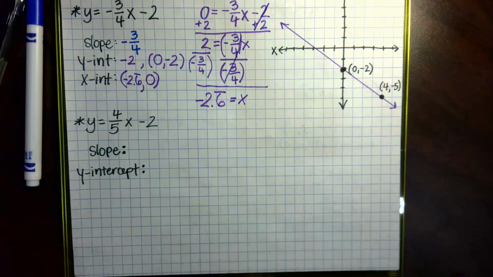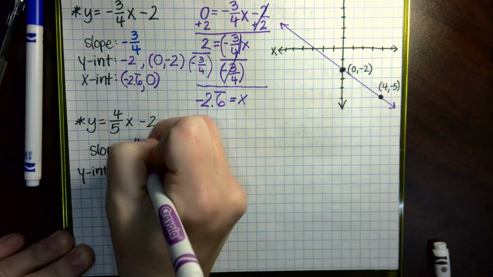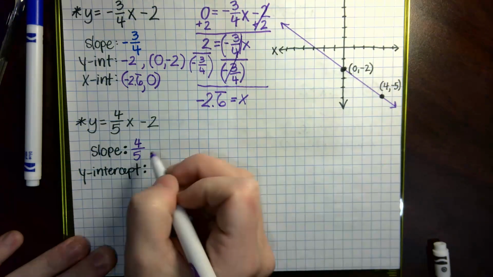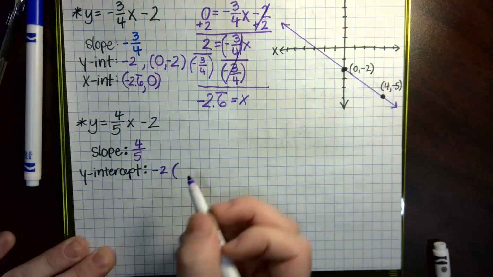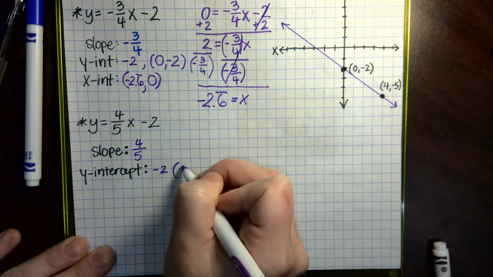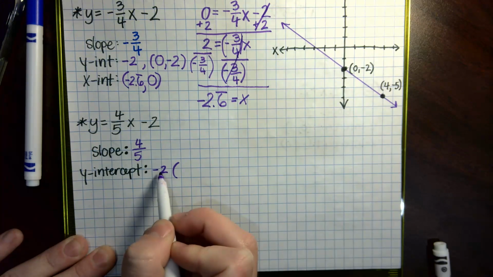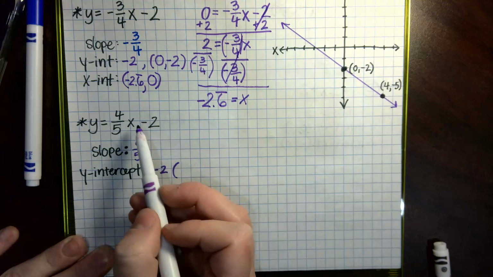Okay, so without doing any math, what's my slope? 4/5. Perfect. And again, without doing any math, what's my y-intercept? Yes, it's negative 2. So, since we know that's our y value, our y is going to be negative 2, but we know that y is negative 2 when x is what? 0.